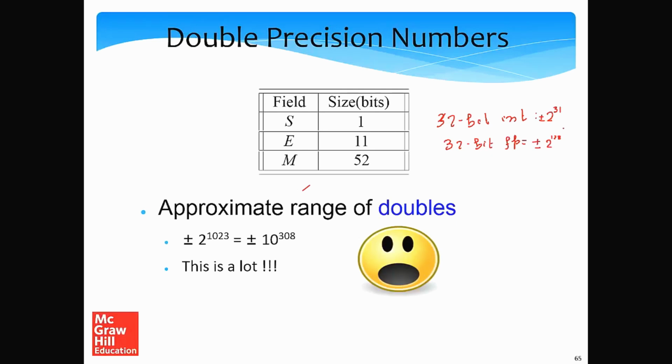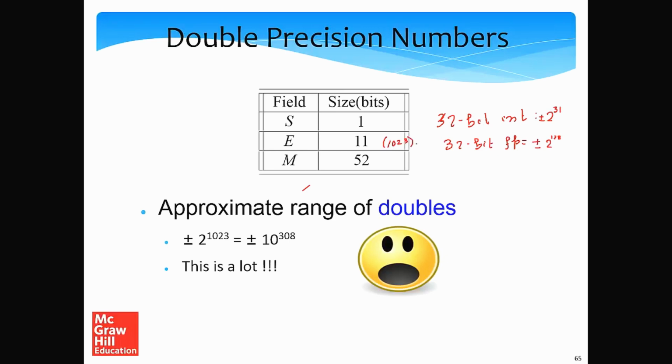Typical numbers. The approximate range of doubles is much more, because a double precision number uses 64 bits and doesn't use 32 bits. So in this case, we have a 1-bit sign bit. We have 11 bits for the E field, mind you, not 8 bits, but 11 bits. So the bias is also different. Instead of a bias of 127, the bias is 1023, right?